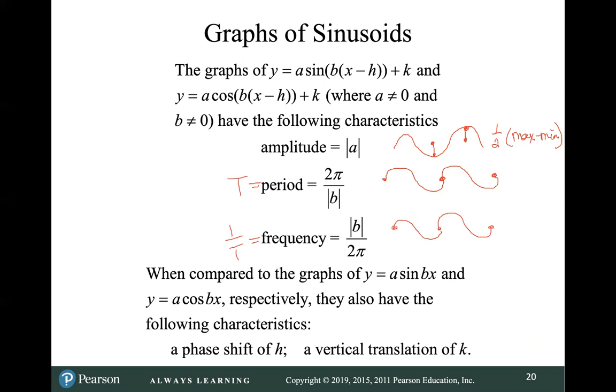Okay, now we have a couple of additional properties that we can talk about. Amplitude changes with vertical stretch. Period changes with horizontal stretch. What about shifting? If we shift horizontally, that is now called phase shift. Phase shift is exactly the same. It's just another name for horizontal shift.